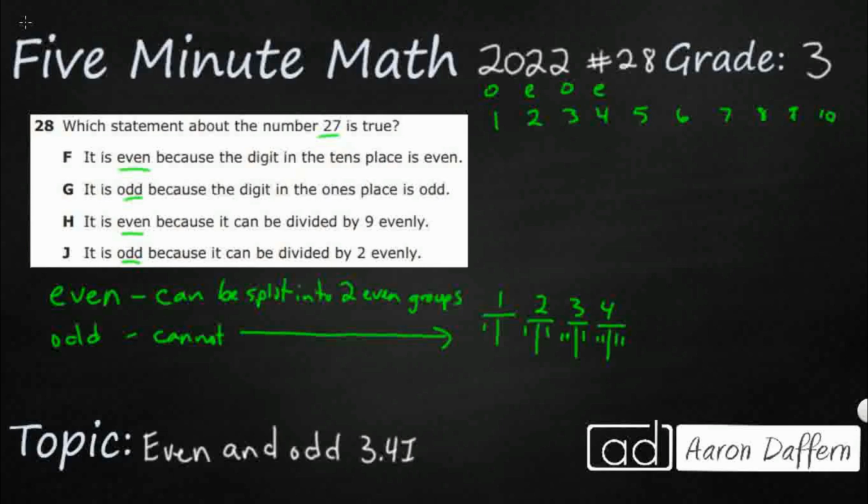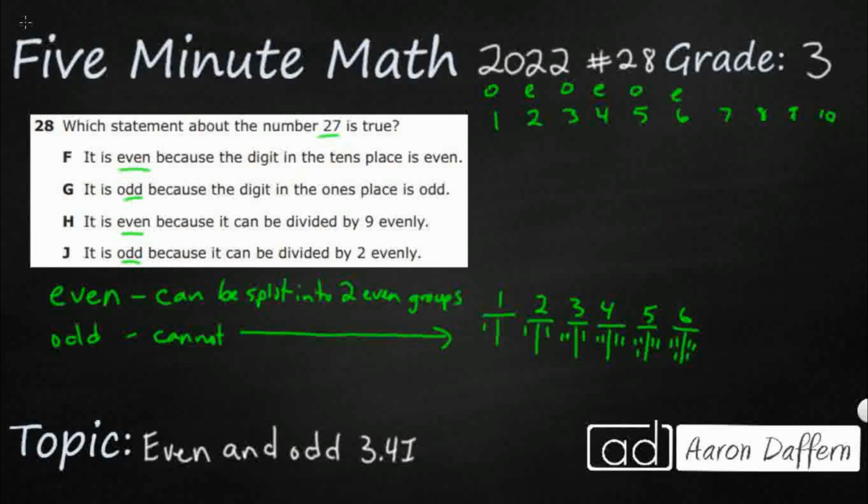Notice the pattern here. I've got odd, even, odd, even. I've got 5. 1, 2, 3, 4, 5. Uneven. Whereas 6, 1, 2, 3, 4, 5, 6. That's going to be even because I've got two groups of 3.